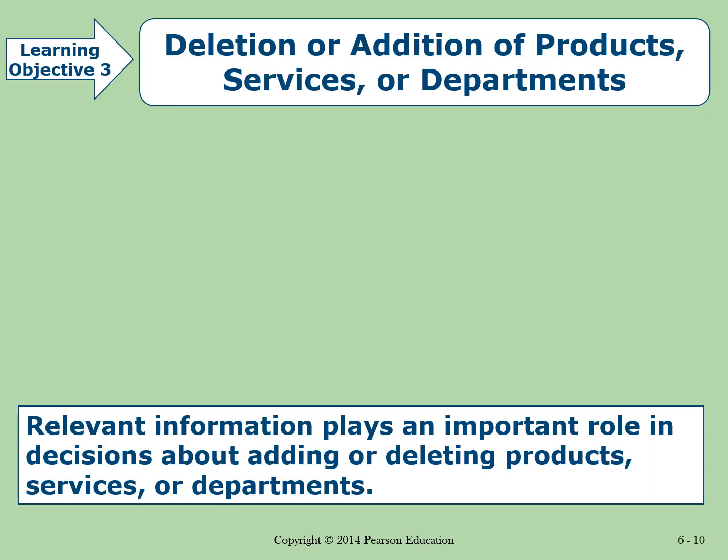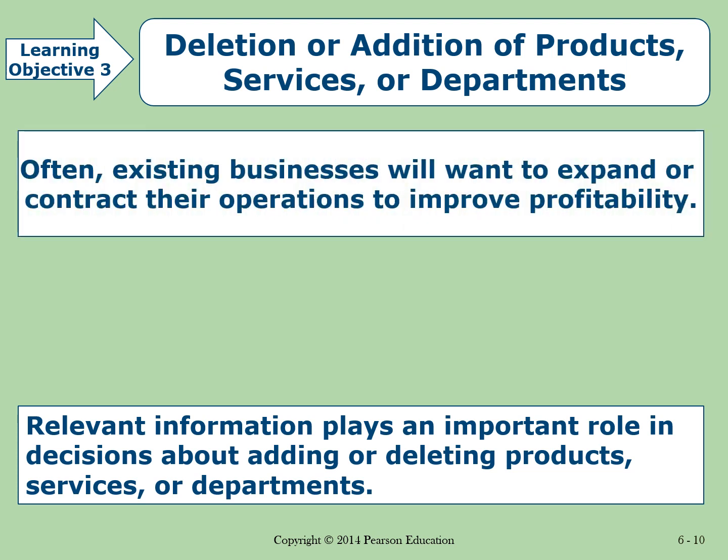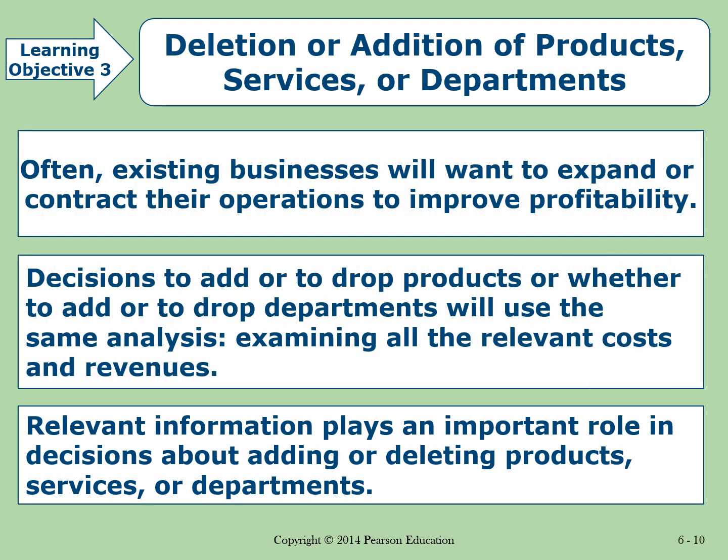The second decision is related to when we have lines of production, different departments or different branches, and one of them is suffering losses.